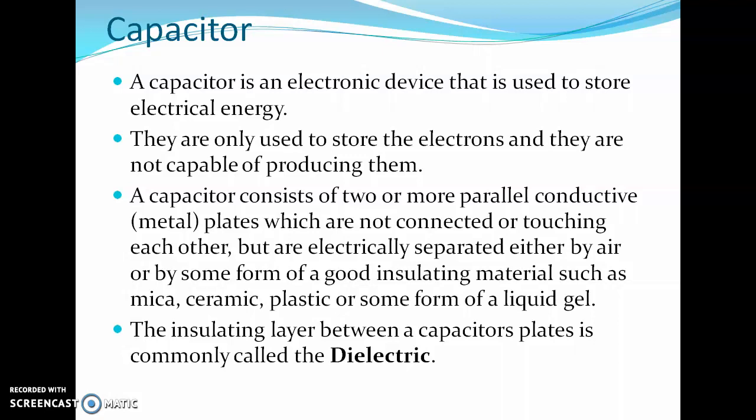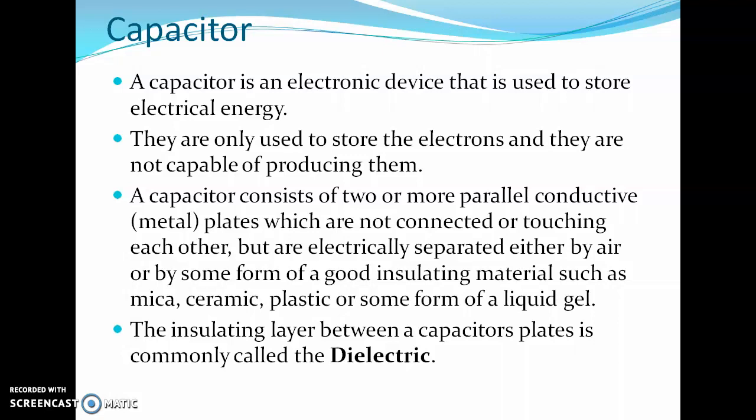When we connect capacitor in a circuit, it will just store the charge, it will not produce the electron. A capacitor consists of two or more parallel conductive metal plates which are not connected or touching each other, but they are electrically separated either by air or some form of good insulating material such as mica, ceramic, plastic or some form of liquid gel.